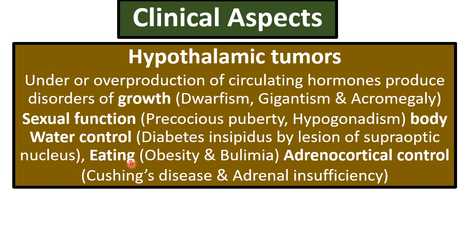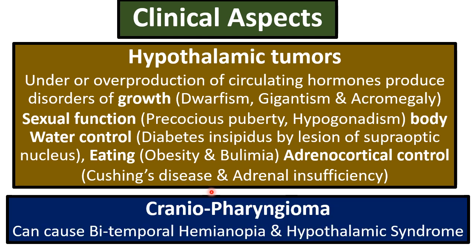And eating disorders, obesity or bulimia, are caused by the hypothalamus. We have already shown which nucleus stimulation causes overeating and obesity. Then adrenocortical control, causing Cushing's disease or adrenal insufficiency. Then craniopharyngioma can cause bitemporal hemianopia and hypothalamic syndromes.